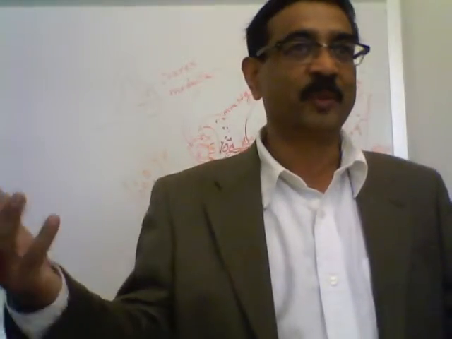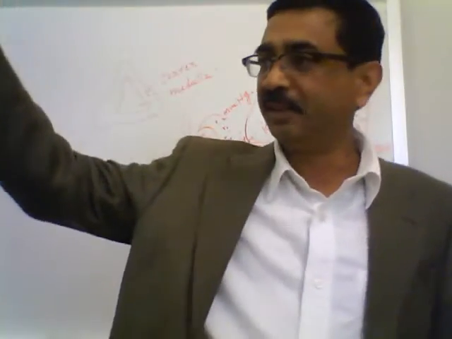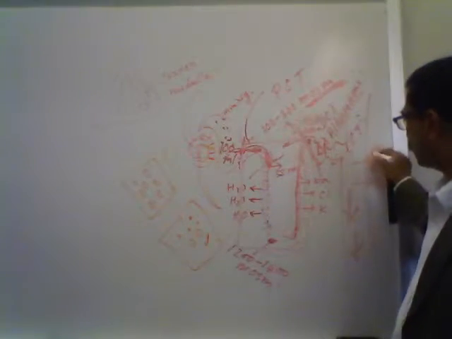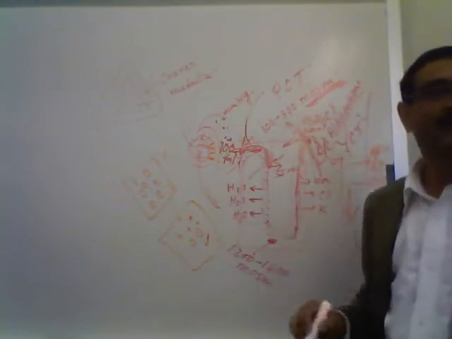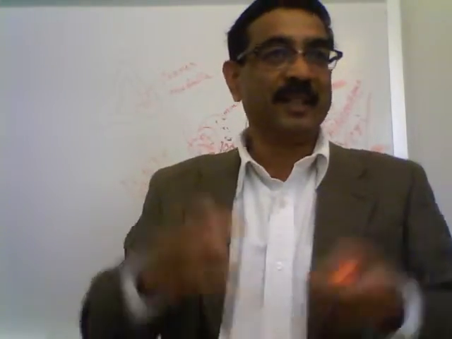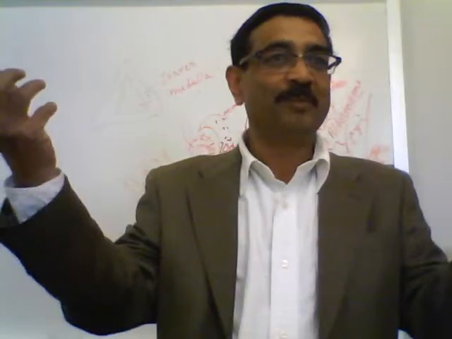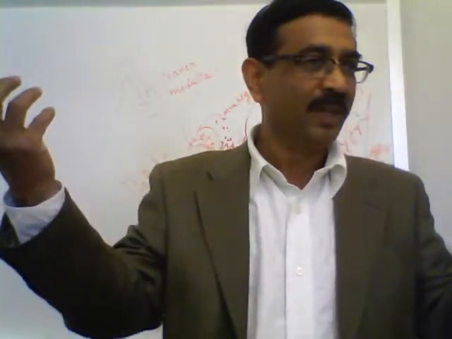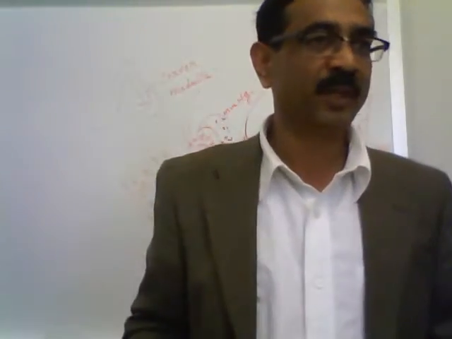Because of destruction of the posterior pituitary, the amount of ADH goes down. So if less ADH is produced, that means what? More urine will be formed, right? Because ADH takes the water back into the body. But if you don't have ADH, then what will happen? Water will not go back into the body. So water will get out from the body as urine.